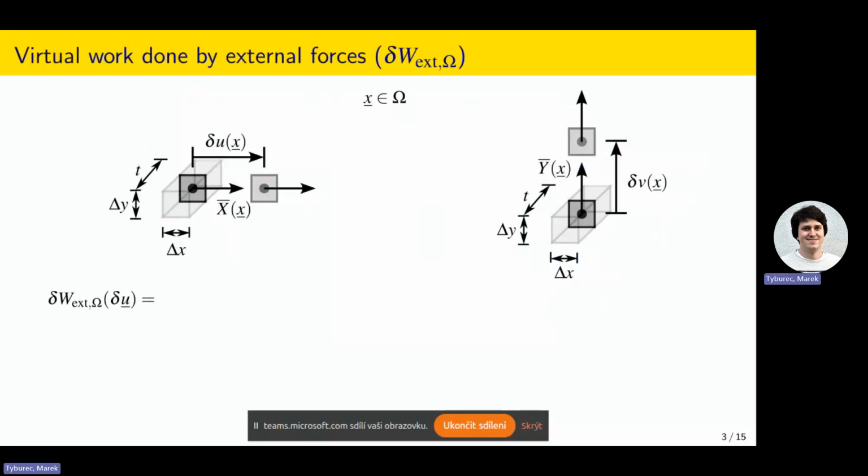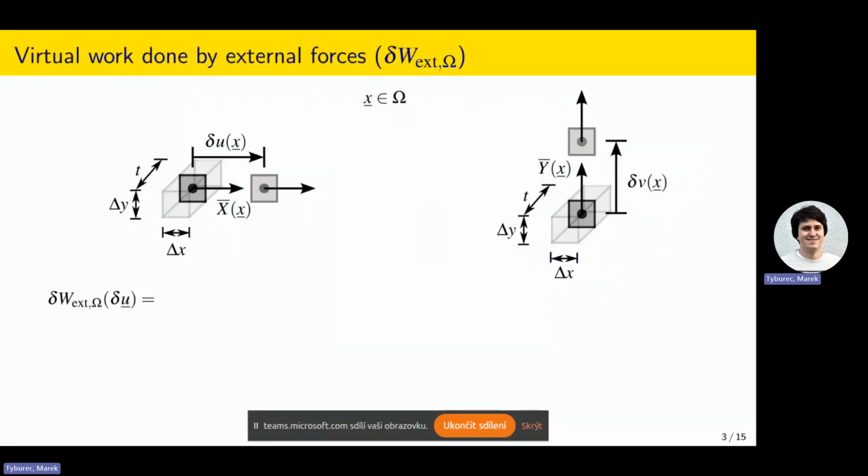And now we can also write this in matrix form, using du of x, dv of x.